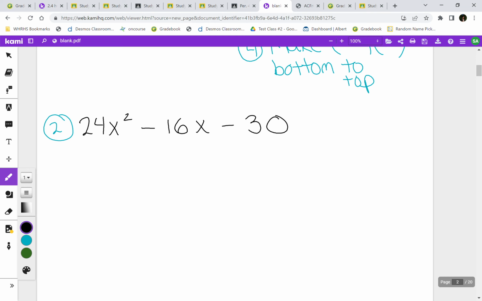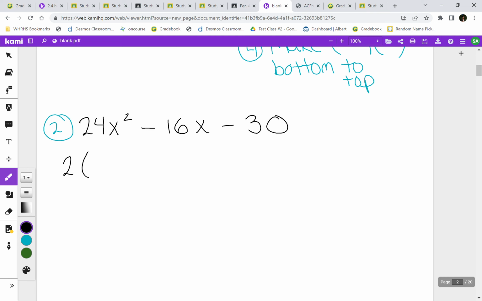GCF, excellent. 24, 16, 30. Is there a GCF there? Yeah, what's the GCF? Chris? A 2. Pull out your 2.